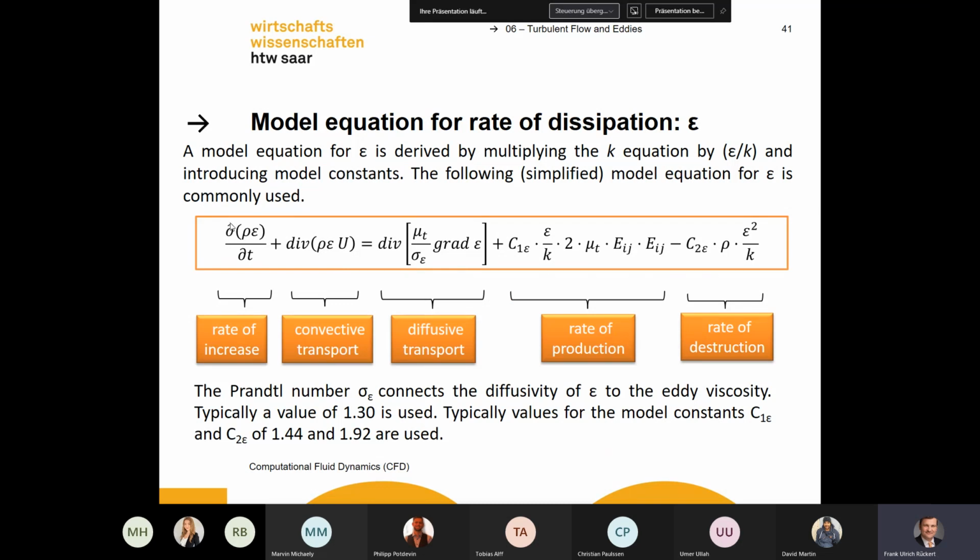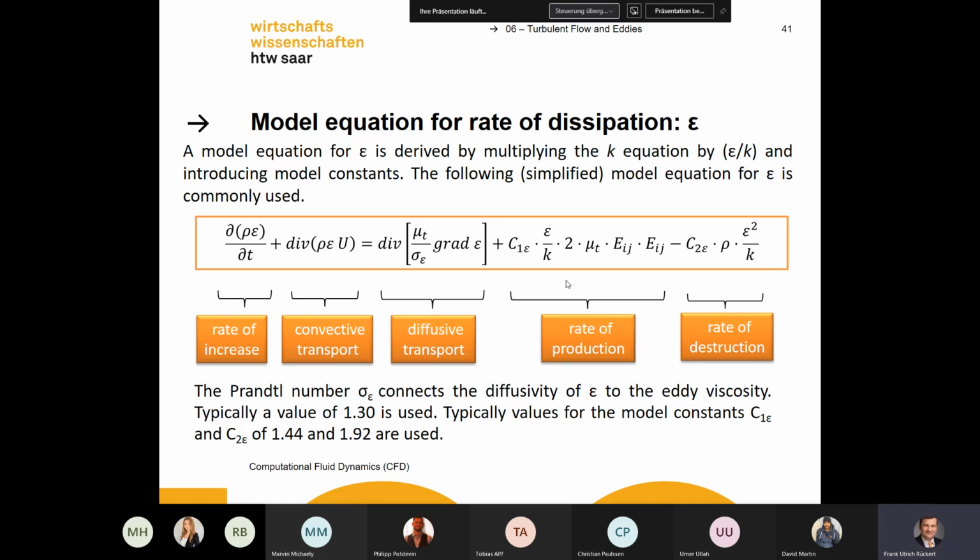You have to solve it for the rate of increase, for the convective term, for the diffusive term, and also for the rate of production. You can get more dissipation if you have higher velocities, but you can also have a rate of destruction. That means your dissipation will get smaller and smaller over time.